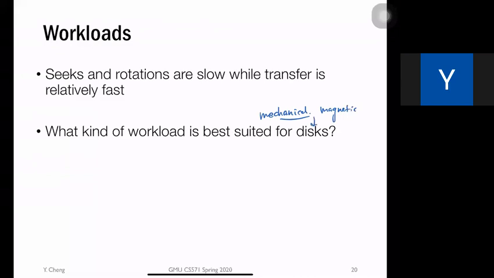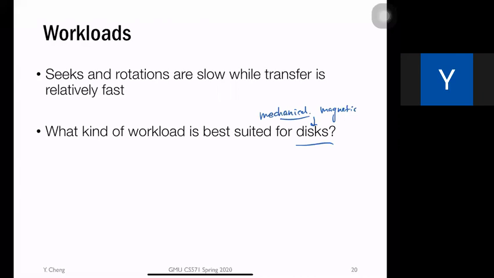Because we've already seen the seek operation and rotation operations, they are relatively slow as compared to the transfer latency, as compared to the transfer speed, right? Even if we're talking about a relatively low end hard disk drive, which is equipped with 100 megabytes per second disk bandwidth, still data transfer is relatively faster.